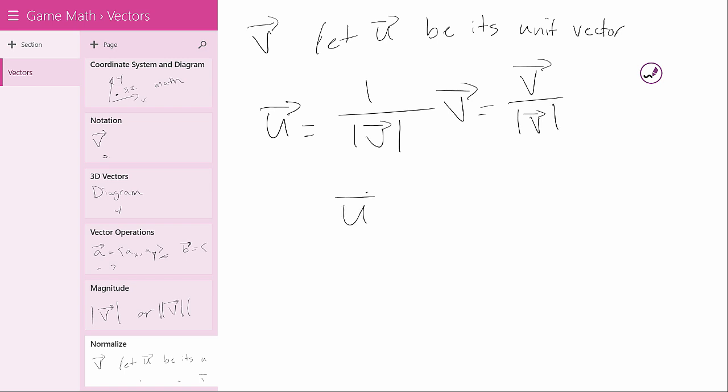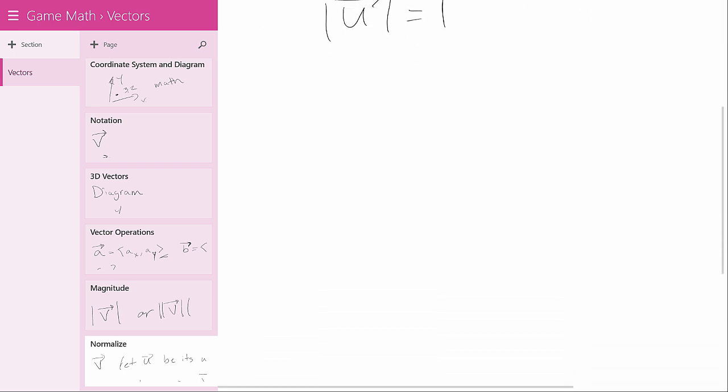The length of u is equal to 1. So all you have to do is get this, which is some scalar value. We just divide the components of v by its magnitude, and that will turn it into a unit vector.